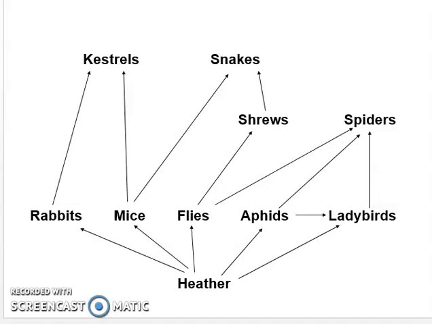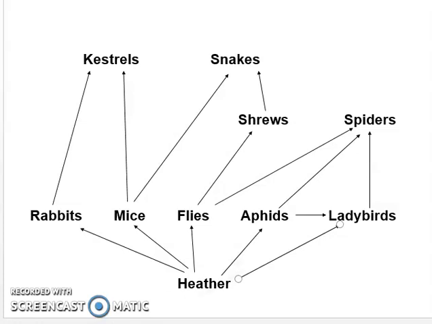Well, actually, it is both a herbivore and a carnivore, so it's an omnivore. So a ladybird is a primary consumer and a secondary consumer because it also feeds on the aphids. So you can see some organisms are at different points within those trophic levels.